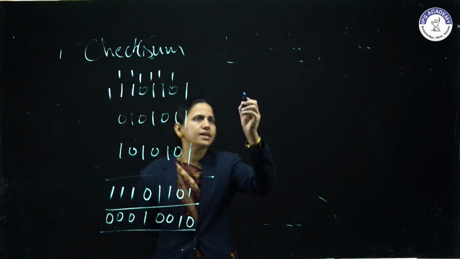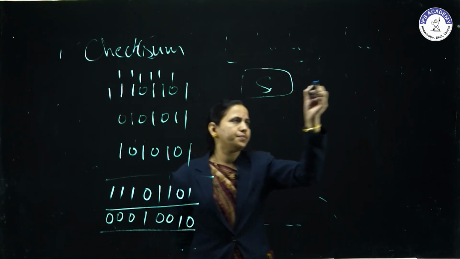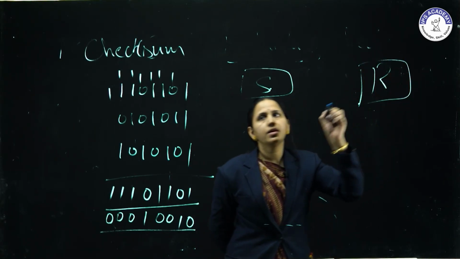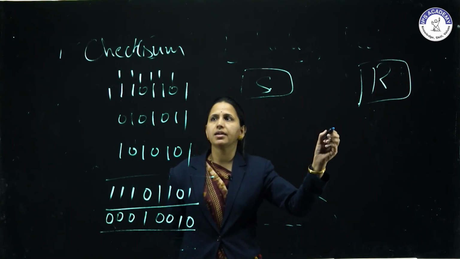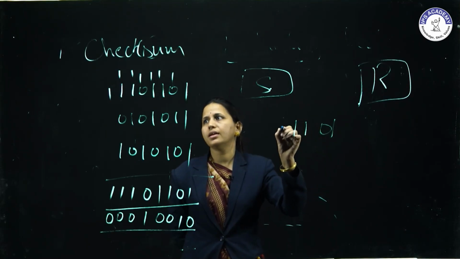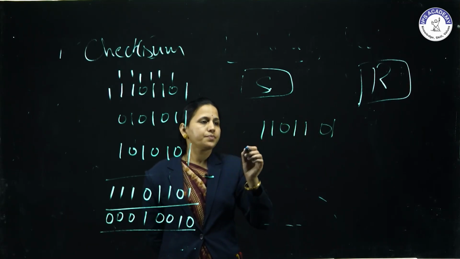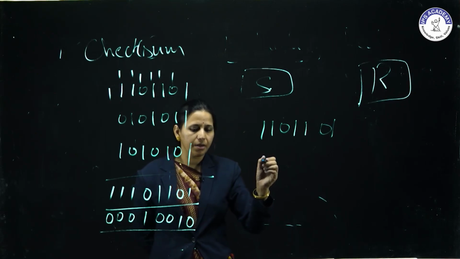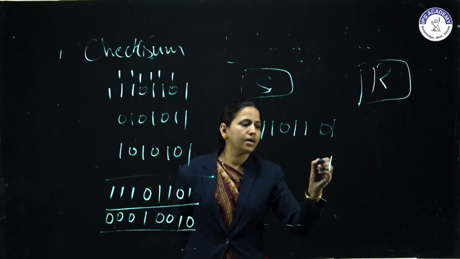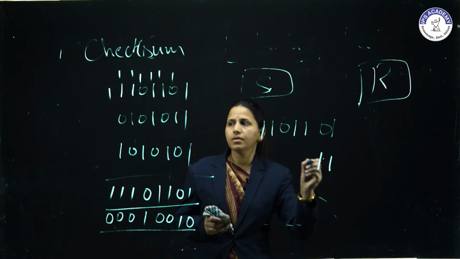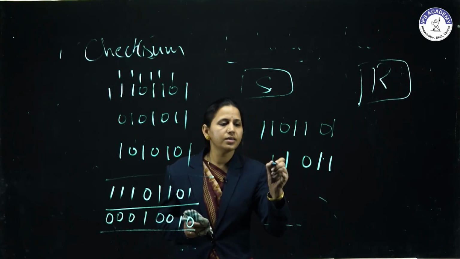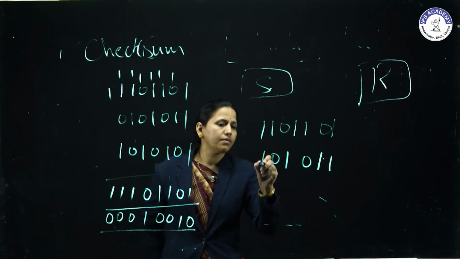So the sender sends data units in this manner: 1 0 1 1 0 1 1, then next will be 1 1 0 1 0 1.